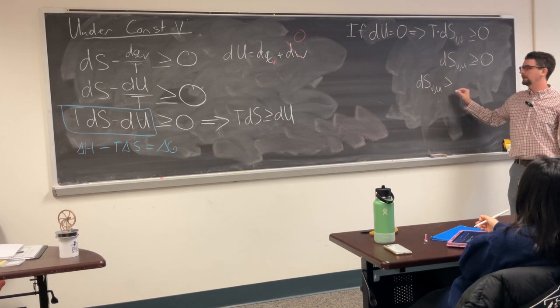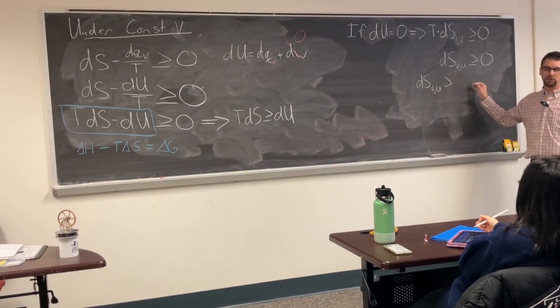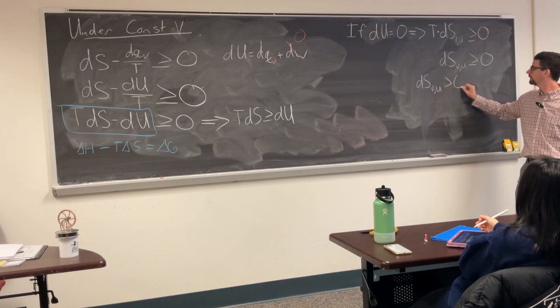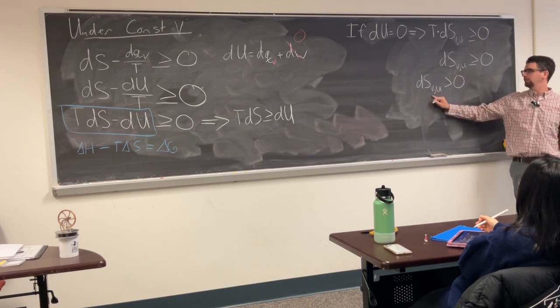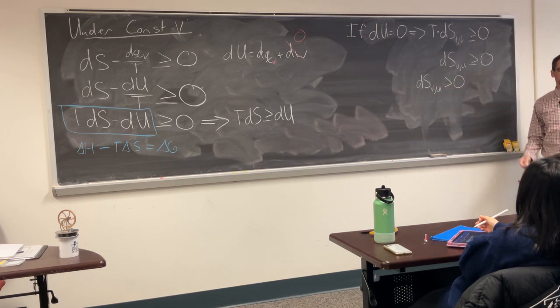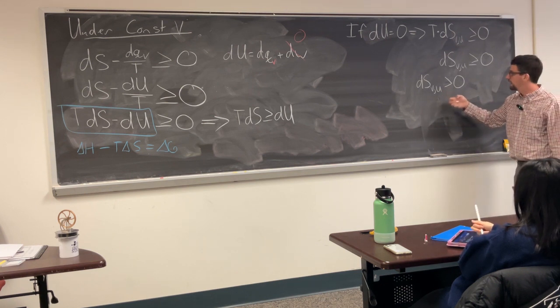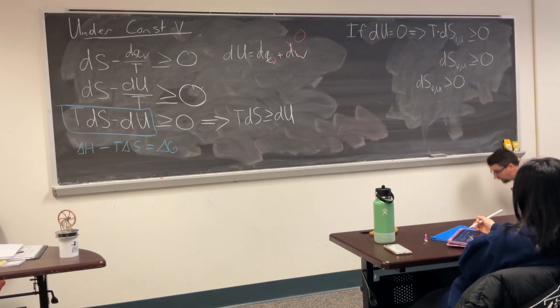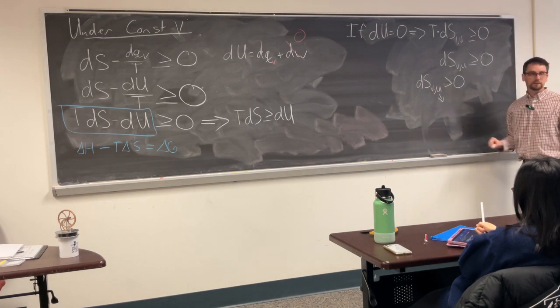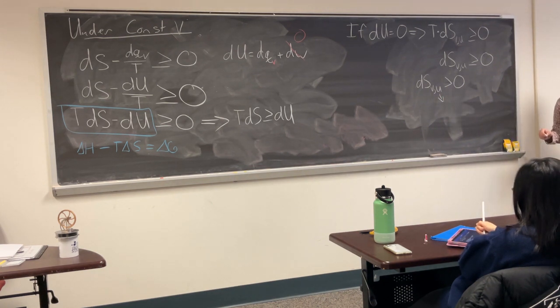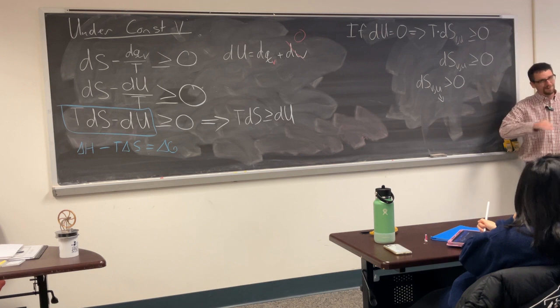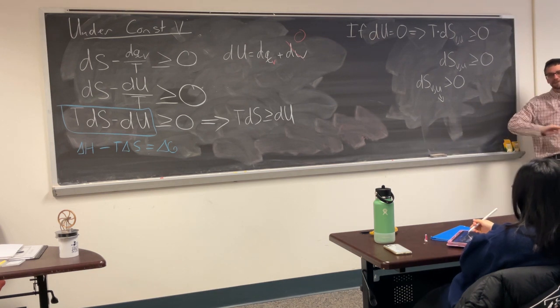It has to be greater than or equal to 0, like approaching 0. What does that sub v and sub u thing mean? Constant volume and constant internal energy. Where is the only time you have constant internal energy? You have an ideal monoatomic, it's constant temperature.